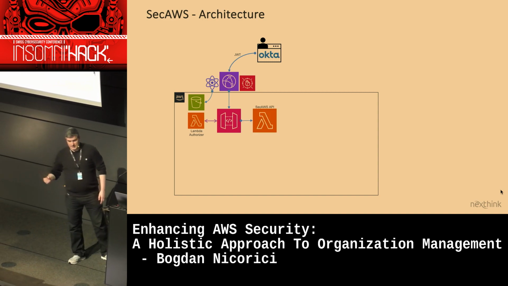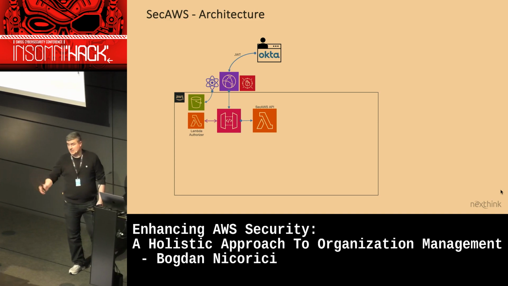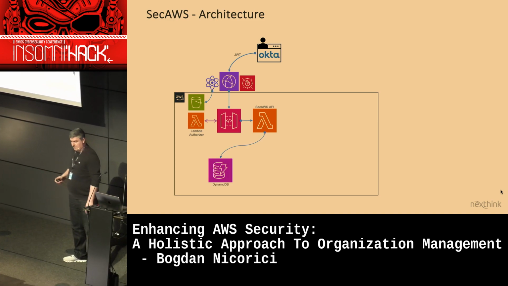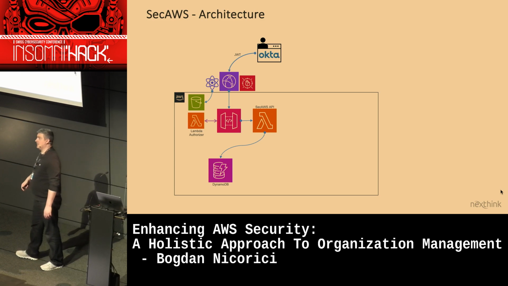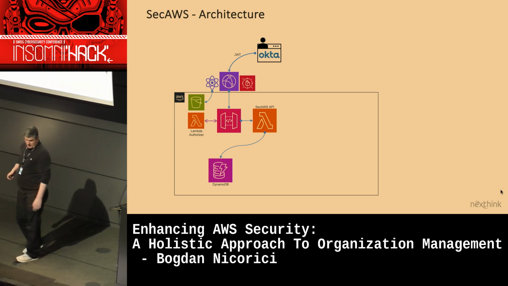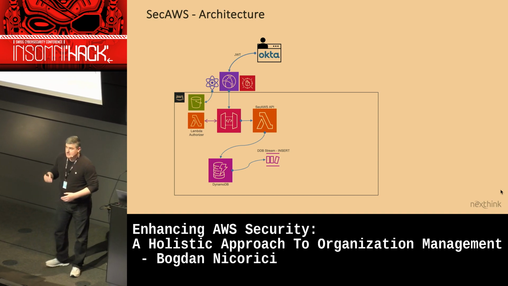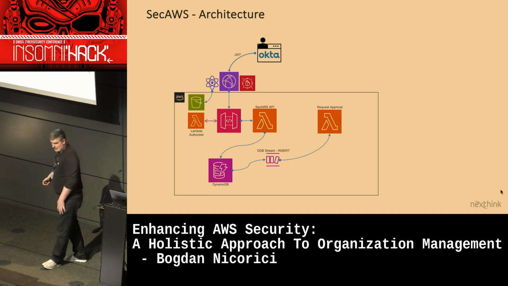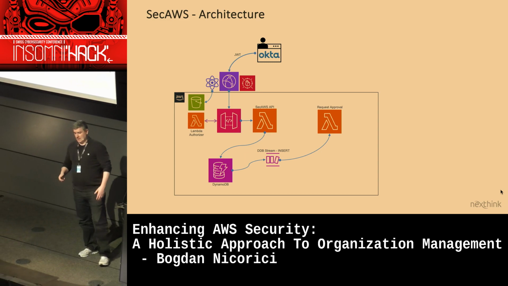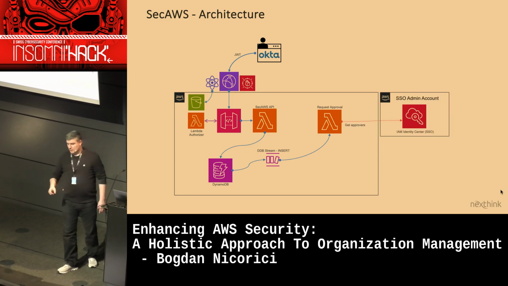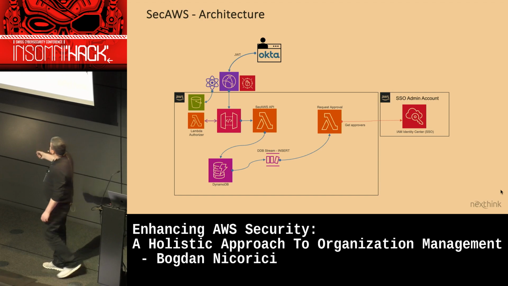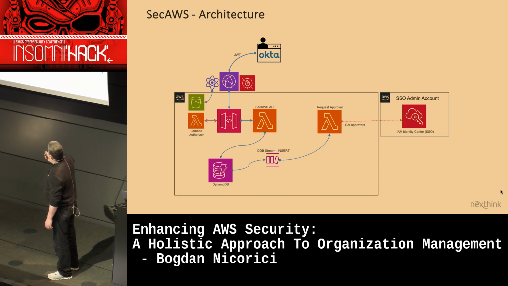Then it will send the request to the backend, which is the FastAPI Lambda. It will write that request to DynamoDB. Then, because there was an insert event, DynamoDB will trigger a specific Lambda that will read that event. It will go fetch the list of approvers from the Identity Center.